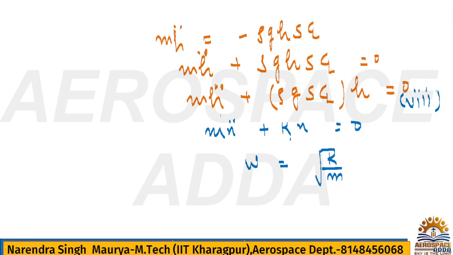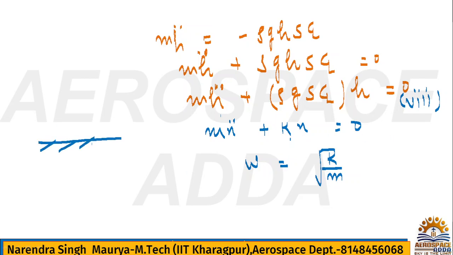Now you have to compare this. Then what you will get is m h double dot, rho g S C_L h. h is the height, just like x is the distance in the horizontal direction, similarly h is the distance in the vertical direction. So it's like a displacement, just like x is the displacement in the horizontal direction.